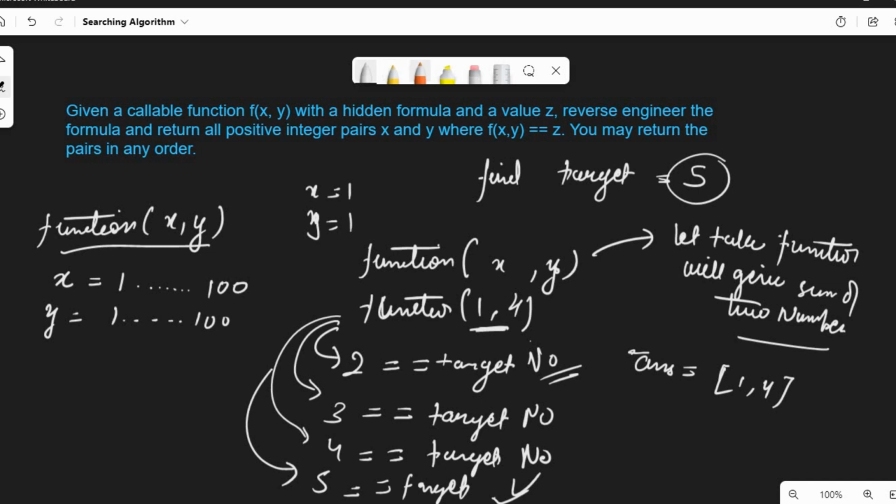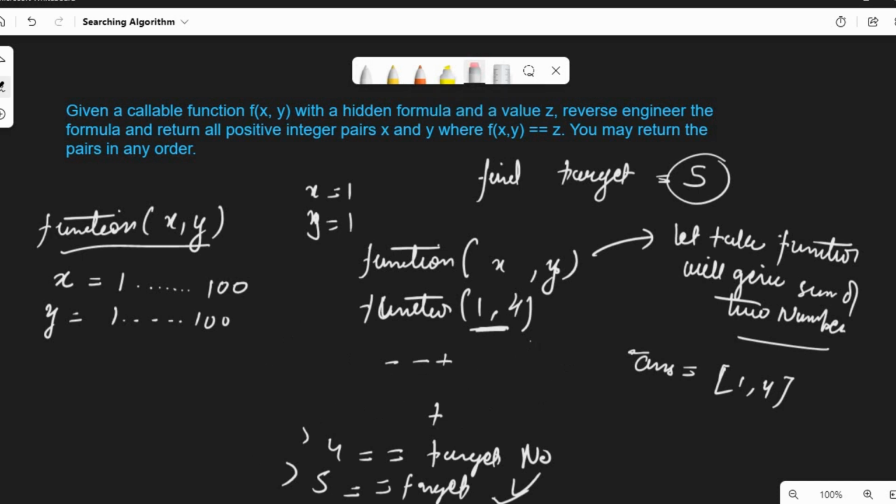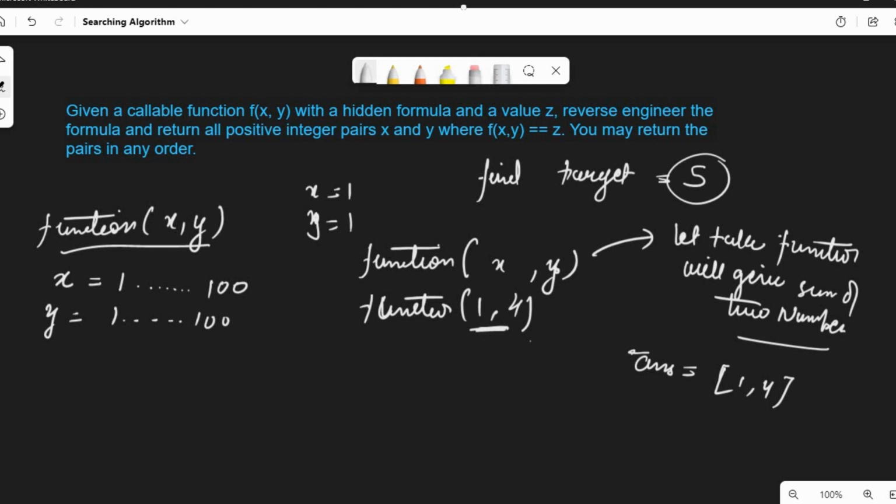Now we have to store the pairs in ascending order, which means we cannot store them like 2, 4 and then 1, 4.